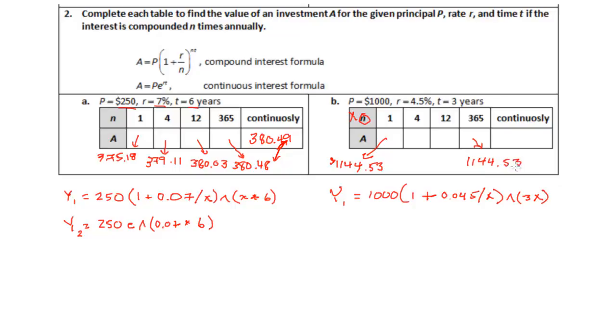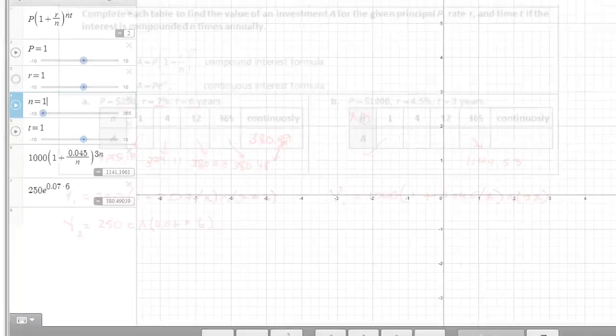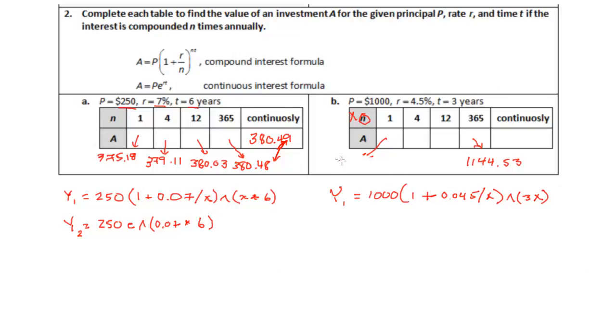Let me go back and check my value. This was $1,141.17 when we just compounded yearly, and $1,144.53 was compounding daily, and there's about $3 difference.